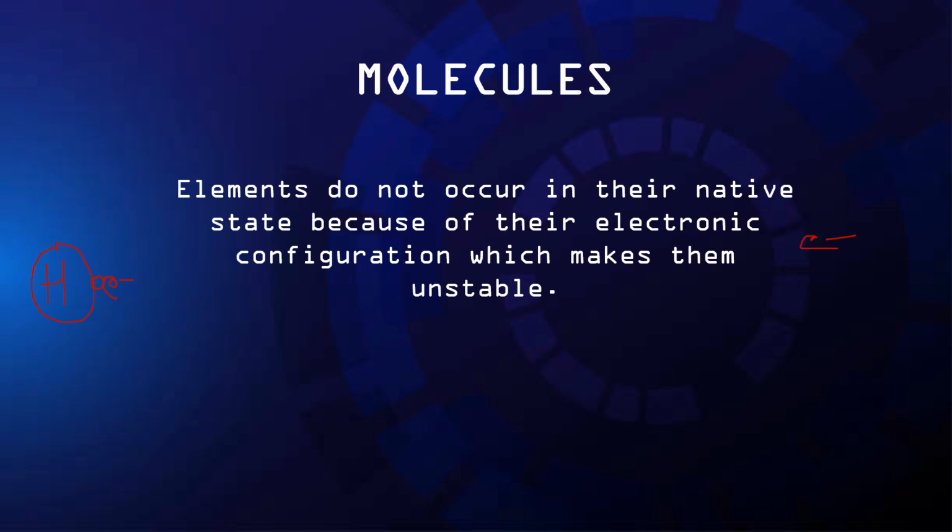So what hydrogen will do is come near another hydrogen atom, which also has one electron. They come together and form a kind of bonding with each other, where they share electrons. We call it sharing of electrons.